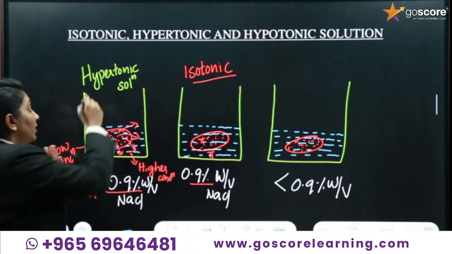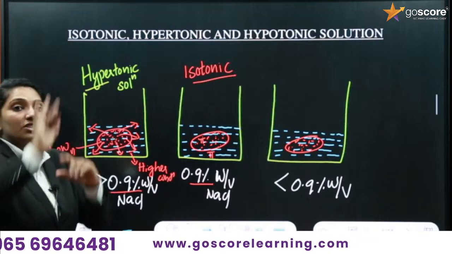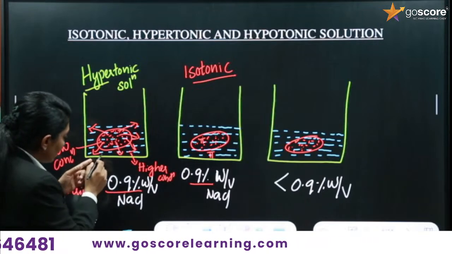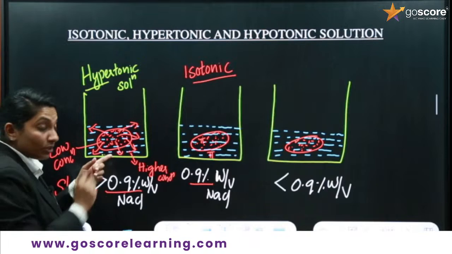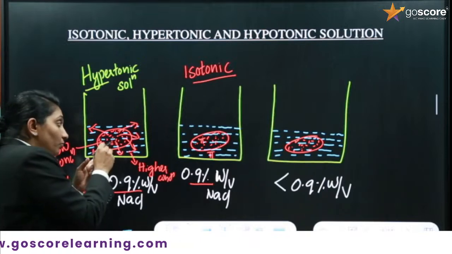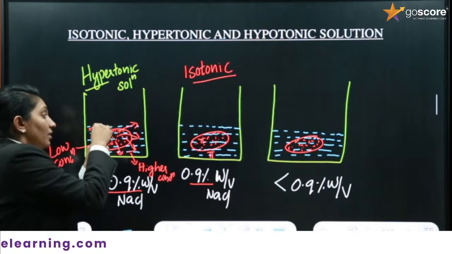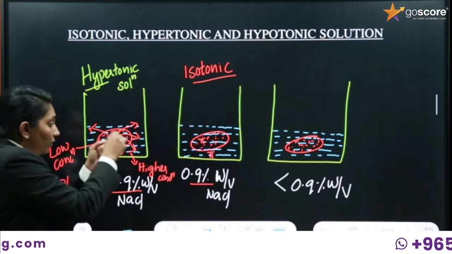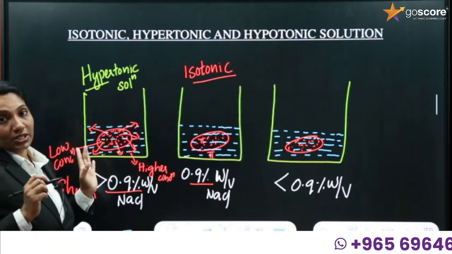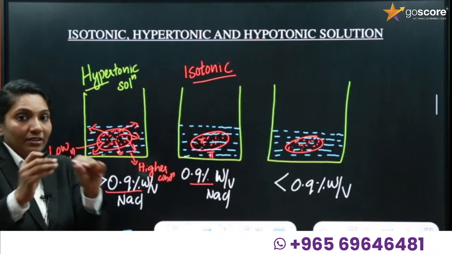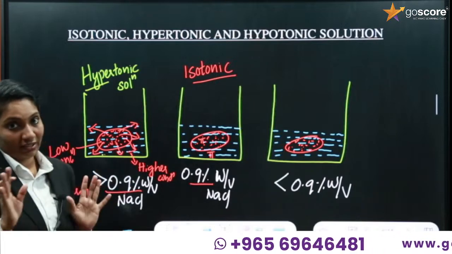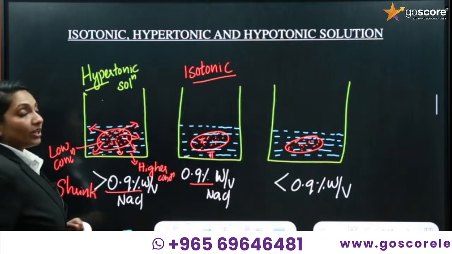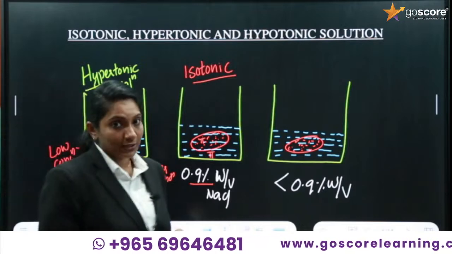Hypertonic means the word hyper means the concentration is more. So here the concentration of the solution is more, the solvent will move from the cell fluid to the solution, and that will cause the cell to shrink. That type of solution is what we call a hypertonic solution.